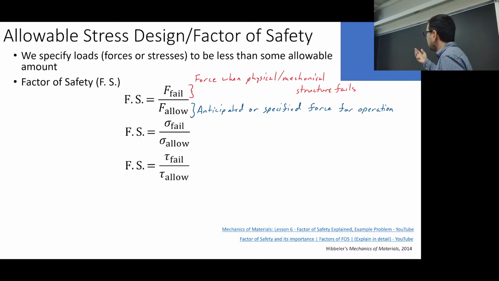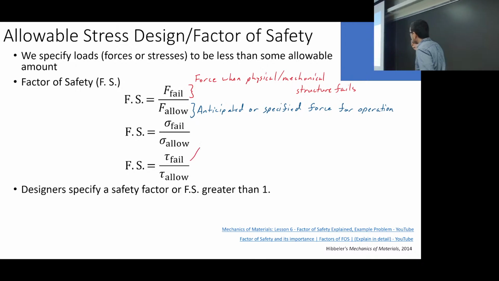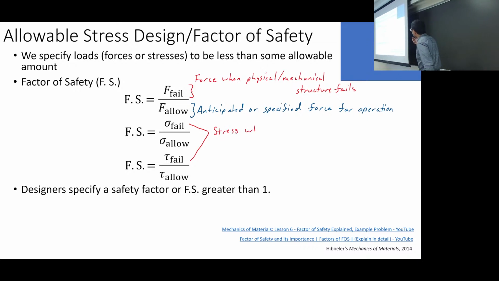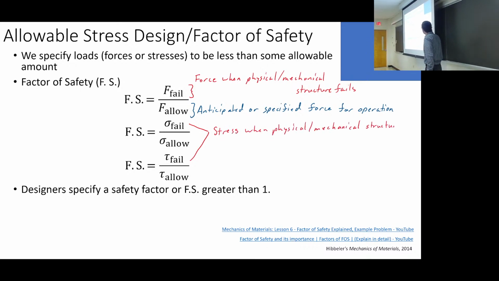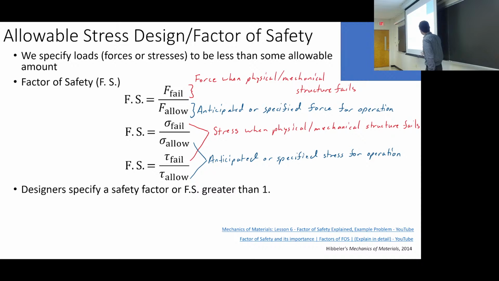It would be the stress associated with physical or mechanical structural failure. And then these allowable stresses, whether they're shear stresses or normal stresses, this is the anticipated stress for operation.